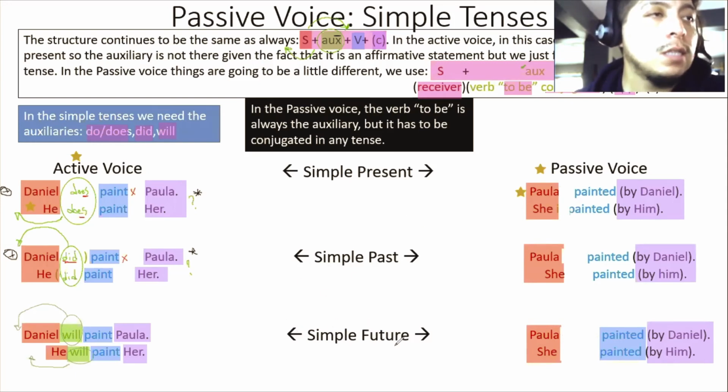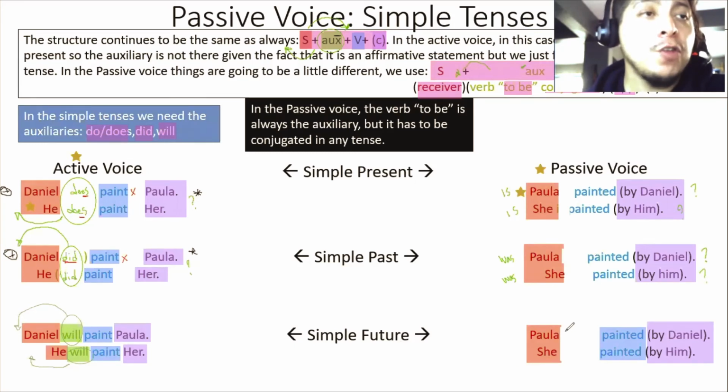So instead of saying Paula is painted, you say, is Paula painted? You switch the auxiliary and the subject. They switch positions. Is she painted by him? Yes or no? In the simple past, was Paula painted by Daniel? Was she painted by him? This is a question. Yeah?